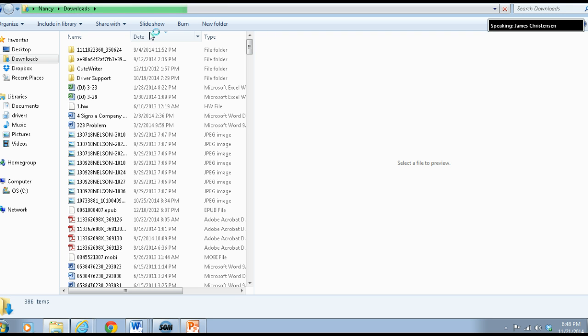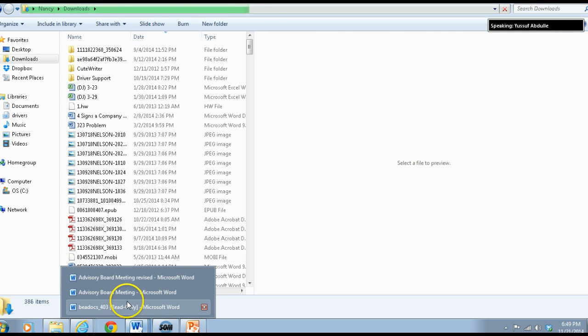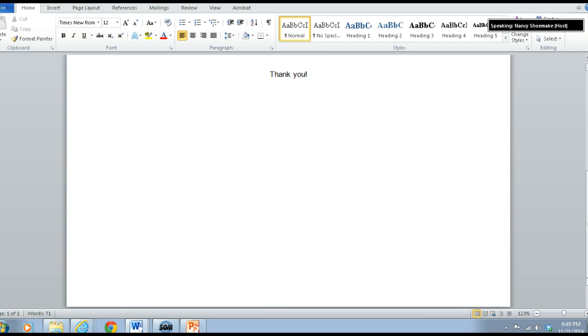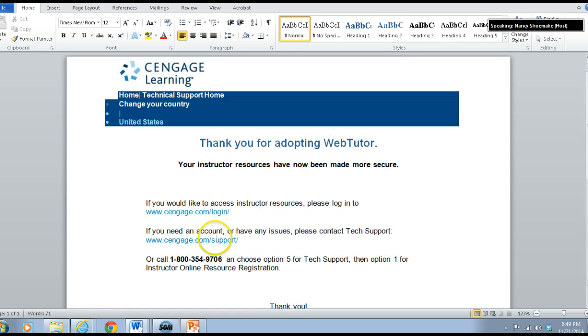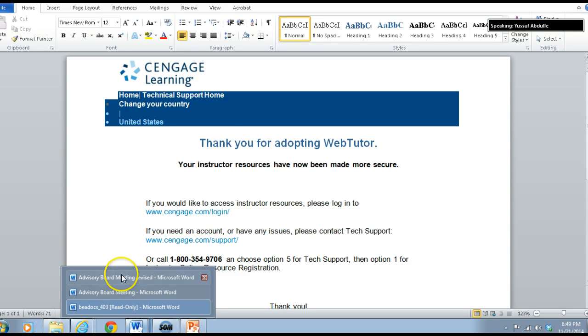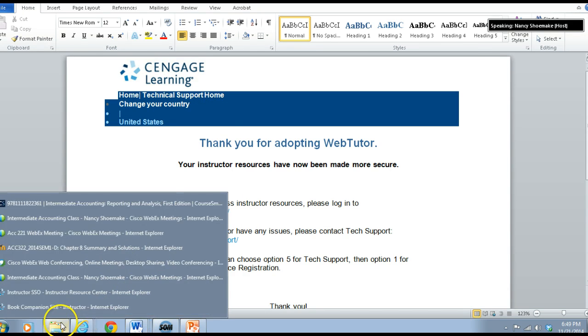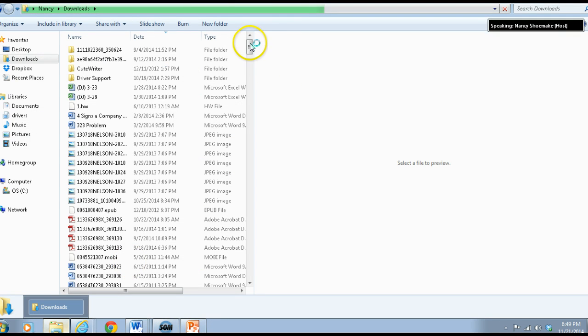Normally it just opens for me. There's a whole bunch of Word documents open on the bottom too. It could be one of those. That's not it. Okay, so it's not any one of those files? No. That one, okay, and then these are two advisory board meetings. No. Okay. Okay.